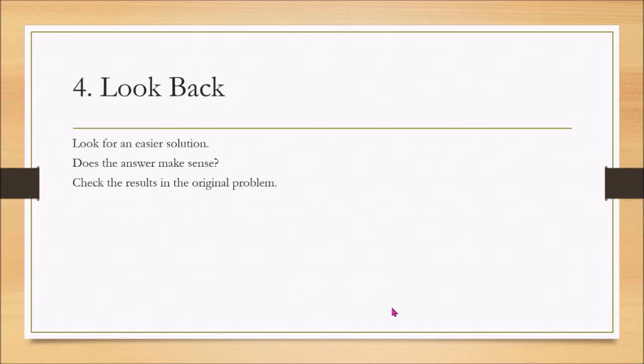This is by checking the results against the original problem and considering the formulas you made or the solutions generated. Then you are going to interpret the solution, based on the facts of the problem.